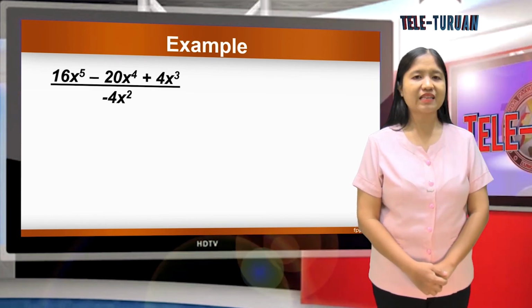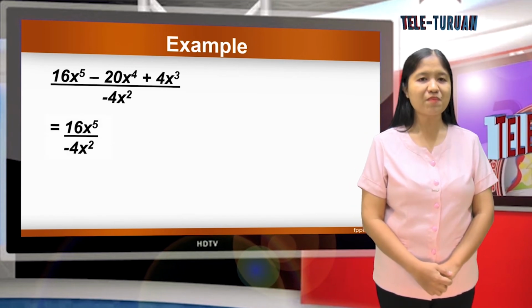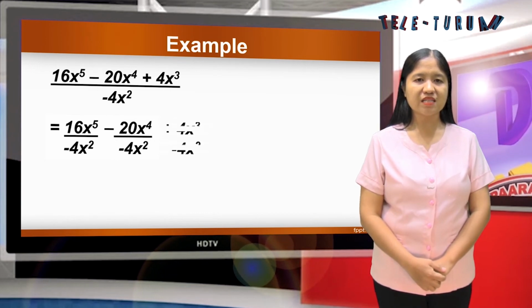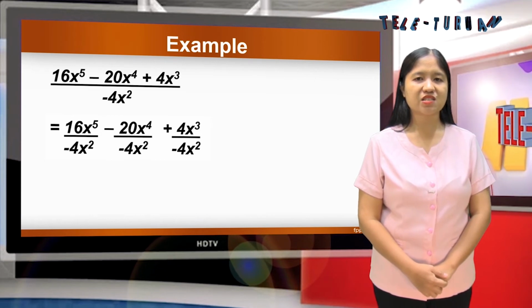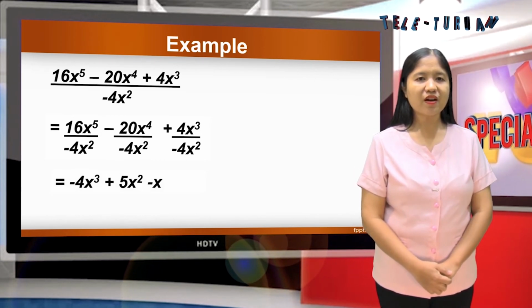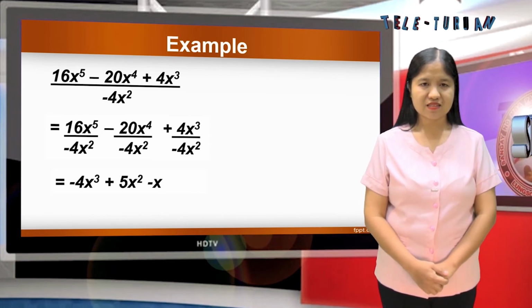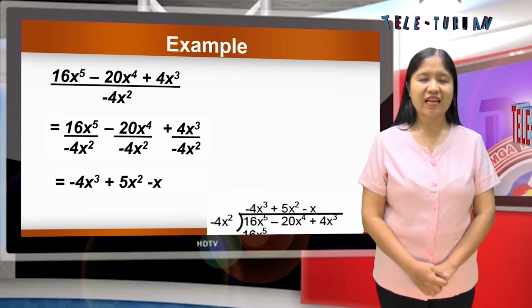We simply divide each term of the dividend, 16x to the 5th power minus 20x to the 4th power plus 4x cubed, by our divisor negative 4x squared. And the result is negative 4x cubed plus 5x squared minus x. Or you may use the vertical way of division like this.